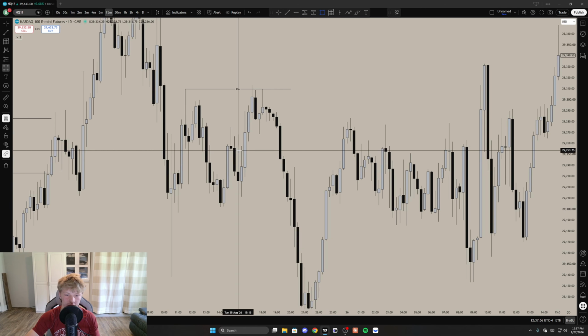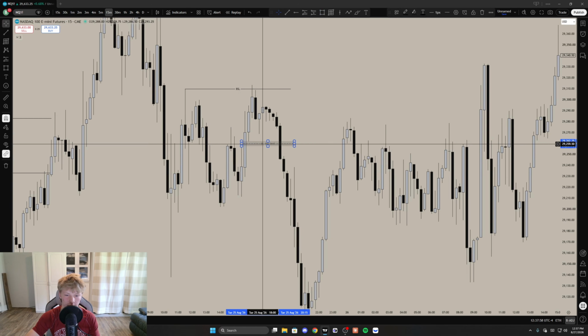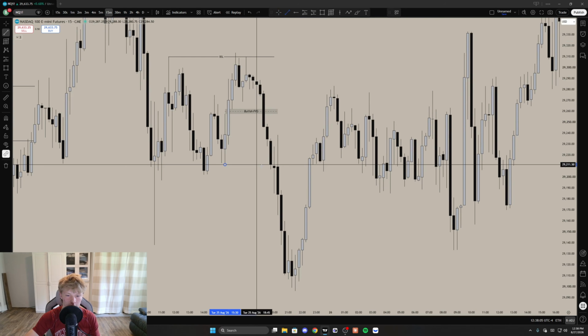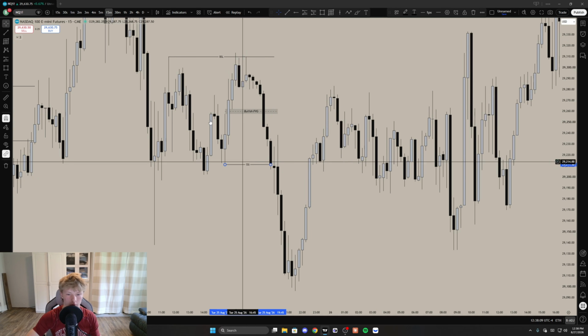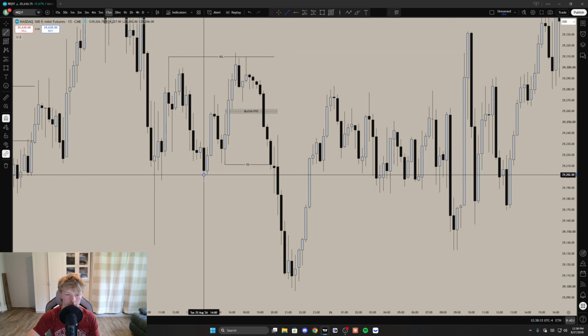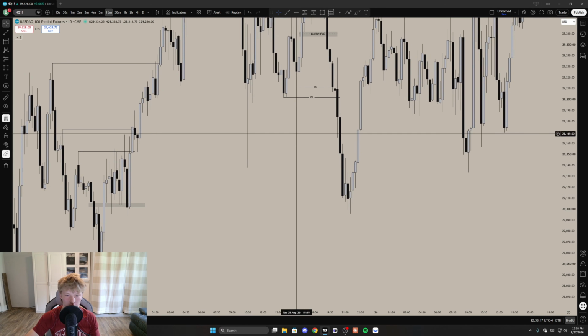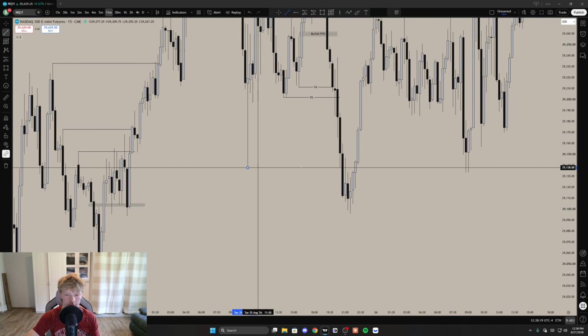We have this 15-minute bullish fair value gap right here, okay? And we have obvious sell side liquidity that price could deliver to. So on and so forth, all the way down to this main low right here.